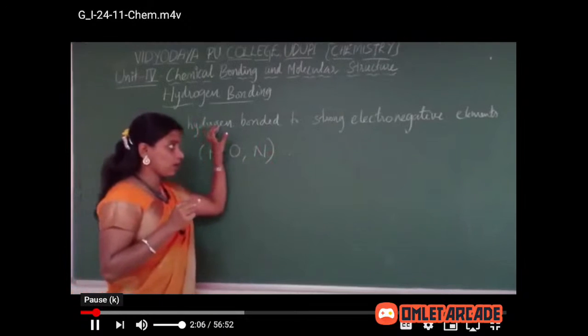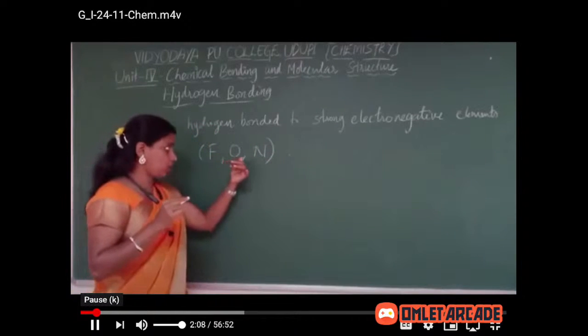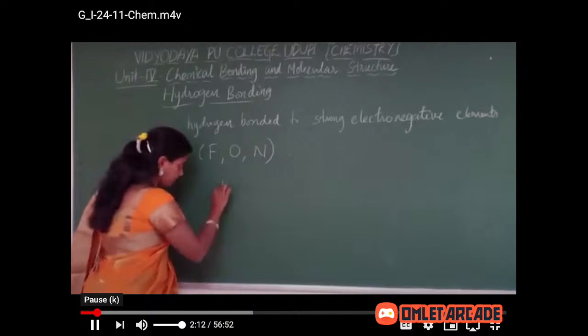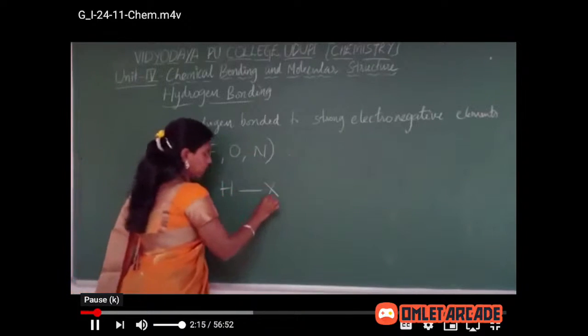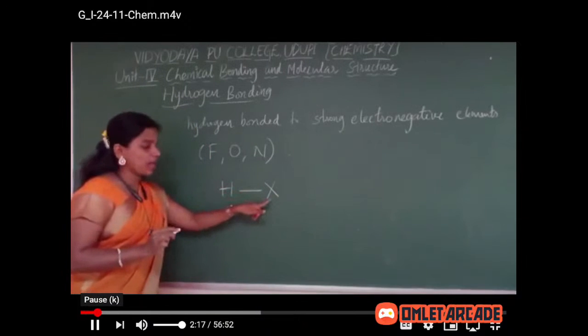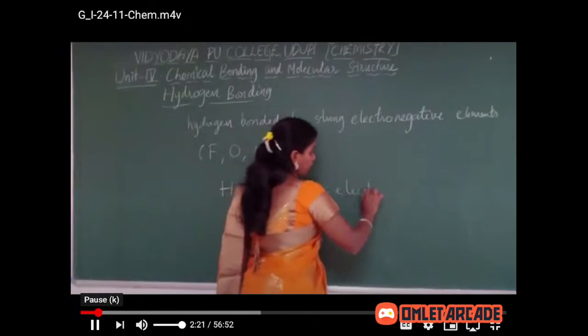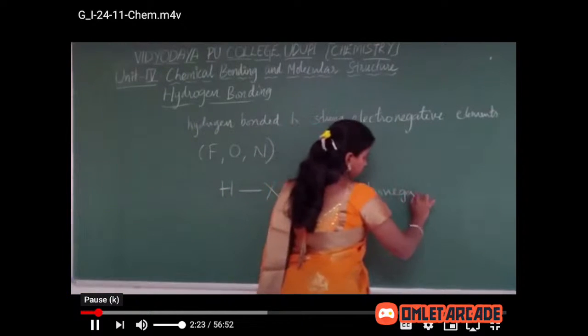When hydrogen is bonded to these fluorine, oxygen or nitrogen, what happens? For example, I will take H, X. X is a strong electronegative element.